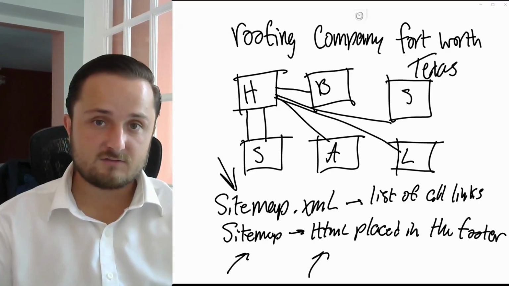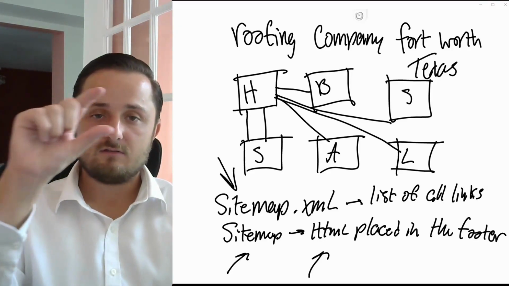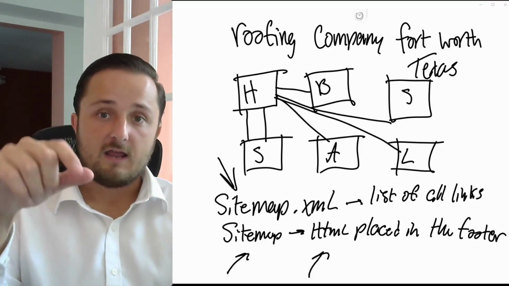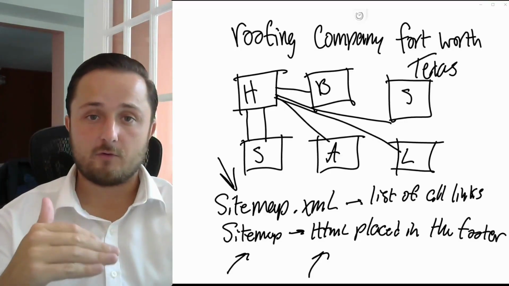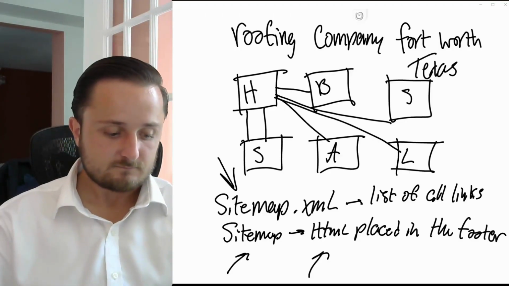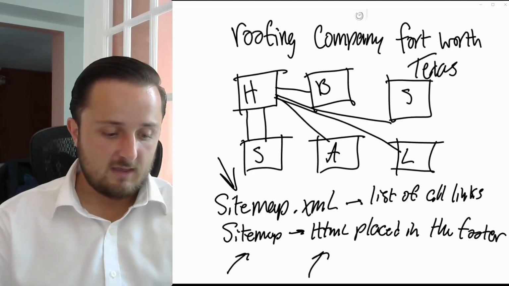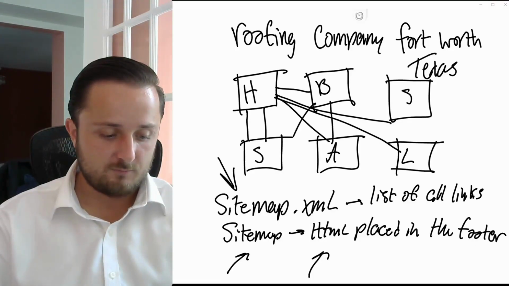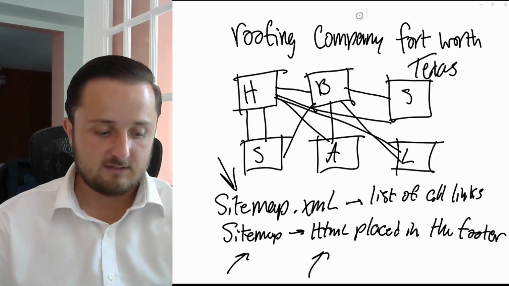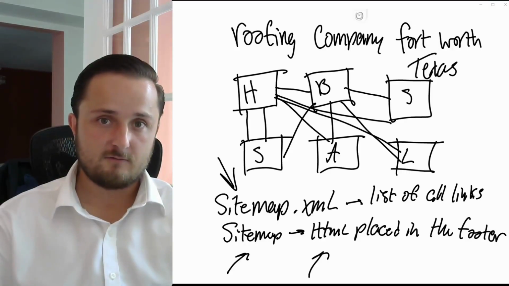So the home page will have some navigation in the header, and we can also have navigation in the footer to help achieve this. But then also in our individual pages, we want to be linking to other pages.